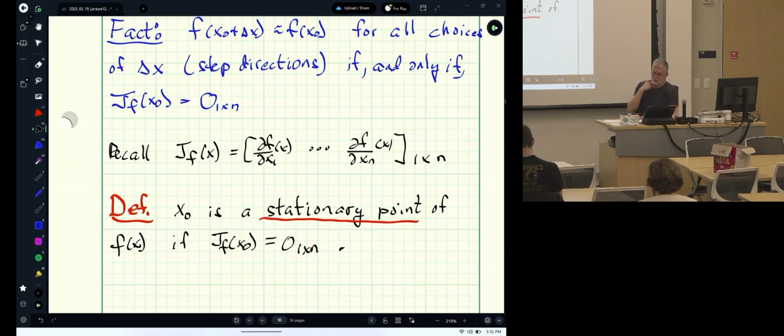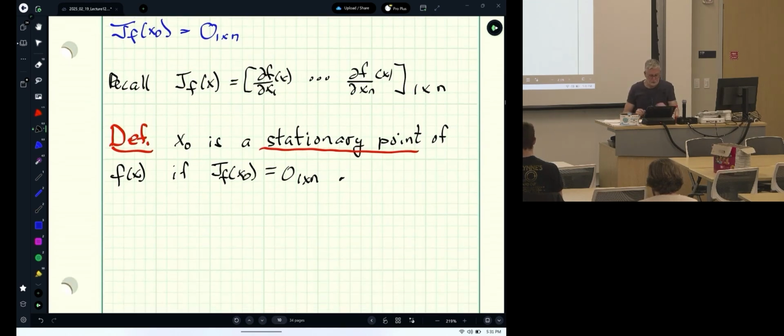Okay, so that's the extension that you probably saw in Math 115. And if you are one of my future students who have not seen Math 115, we're skipping essentially directly to the vector case. When x is a scalar, then this is the ordinary derivative df by dx, and that's the condition for a stationary point.